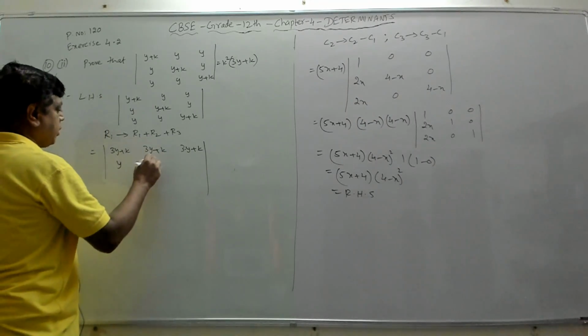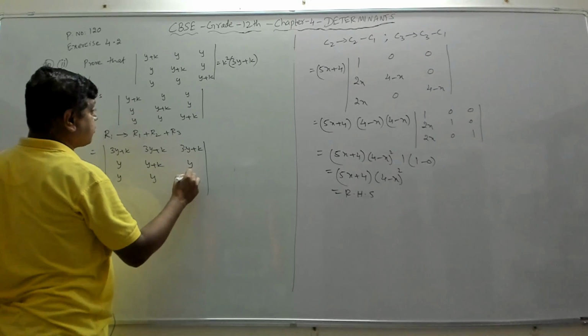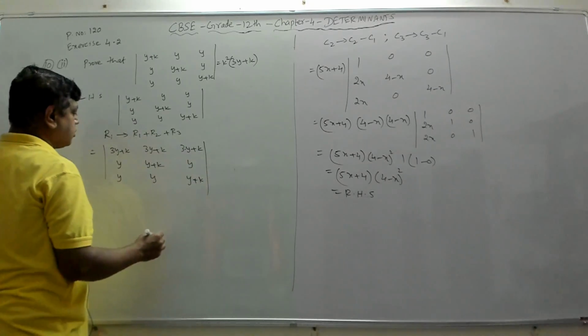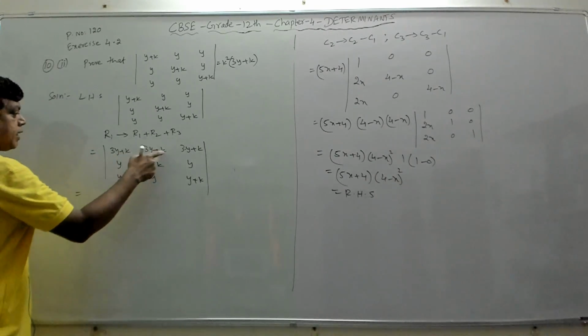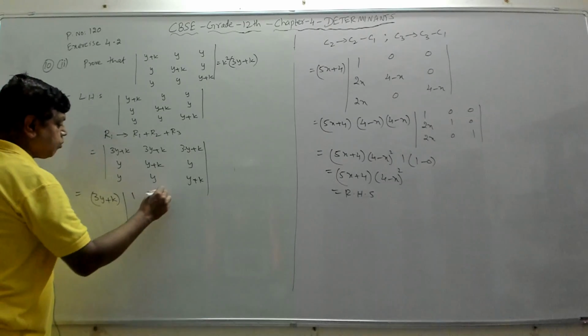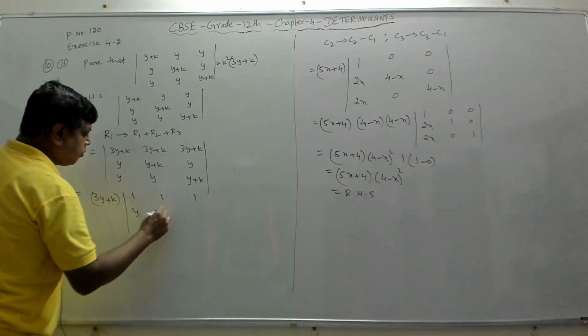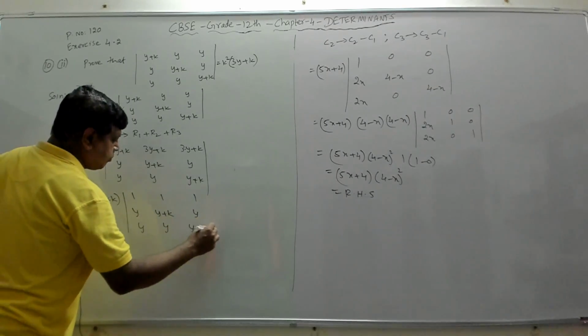Then y plus k, y. So no change to the second and third rows, I am writing them as they are. So now 3y plus k is common, which can be taken out. So 3y plus k is taken out of the determinant. You get 1, 1, 1. Then y plus k, y plus k.